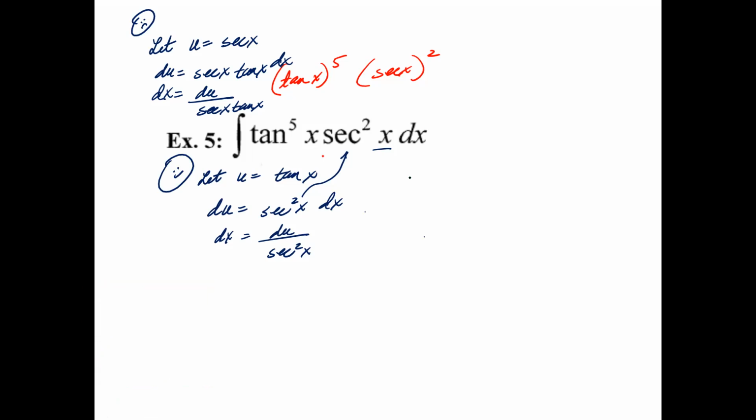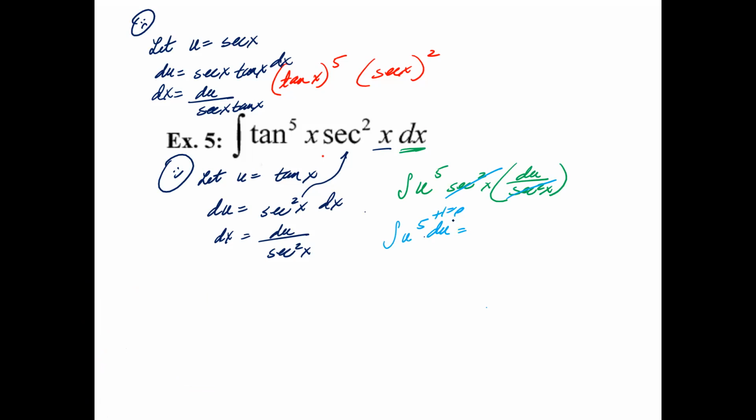So now that I have this, I'm going to have my integral u to the fifth power secant squared x, replace your dx with a du over secant squared x. And then what you can see here is that this and this cancel. So you have the integral u to the fifth du.